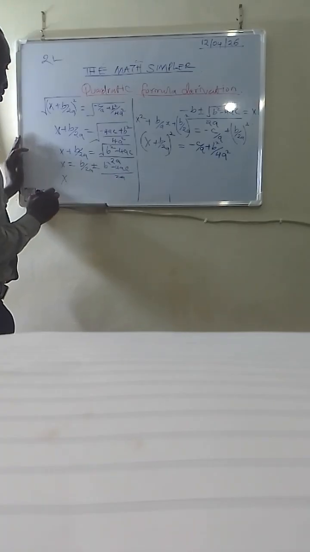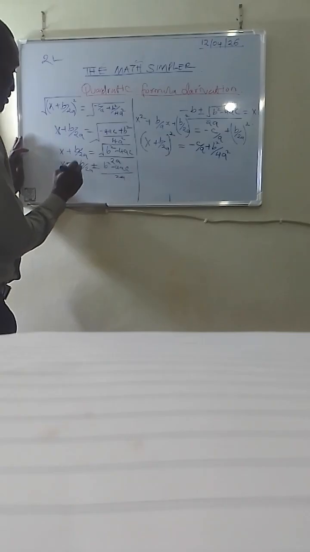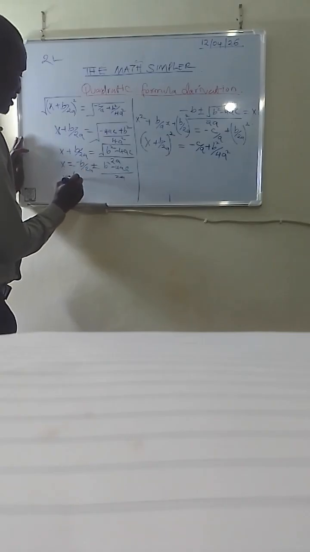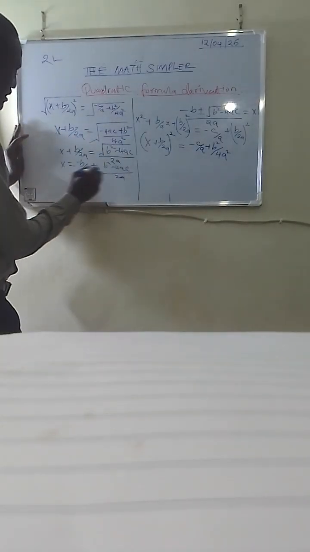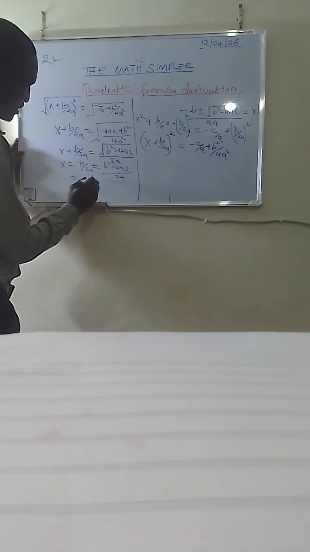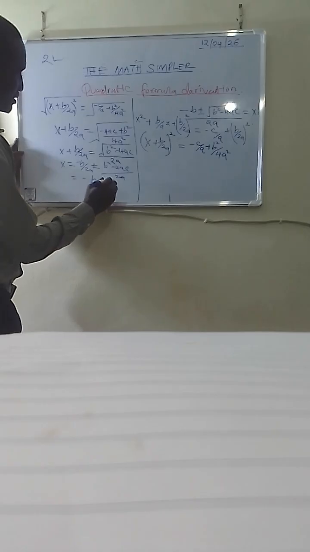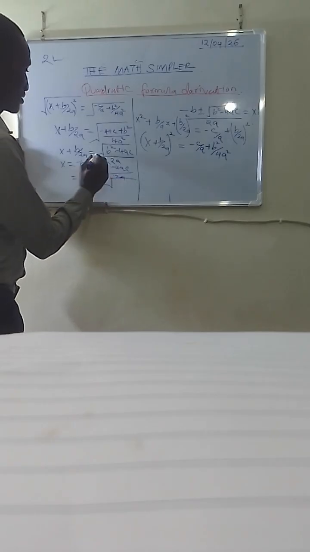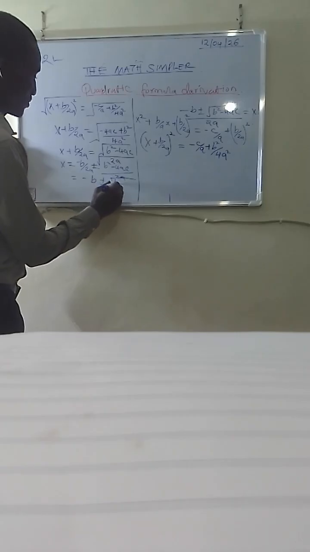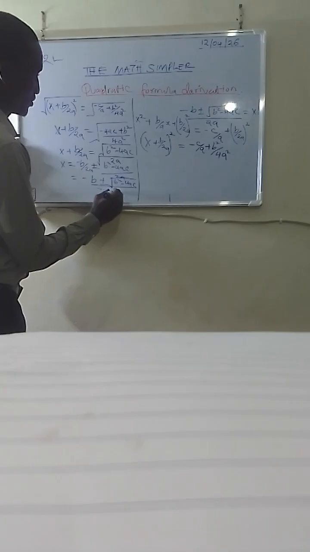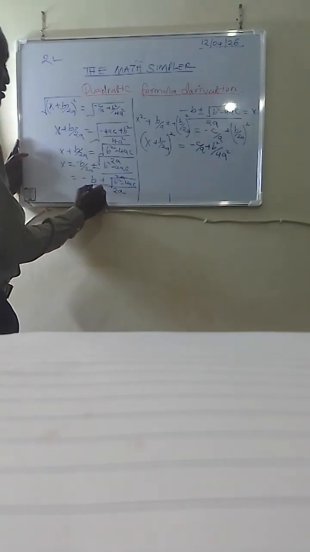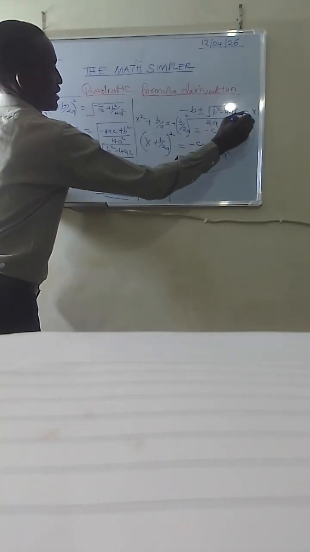All under one denominator, we will come here with negative b plus or minus the square root of b squared minus 4ac, all of this over 2a, which is the equation here.